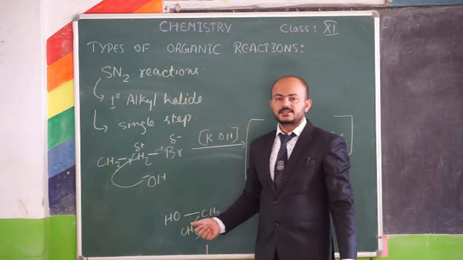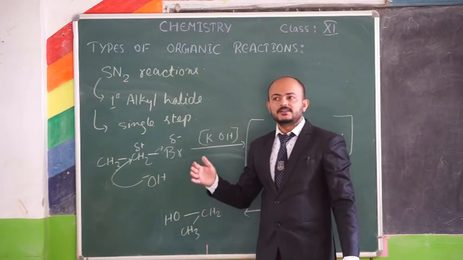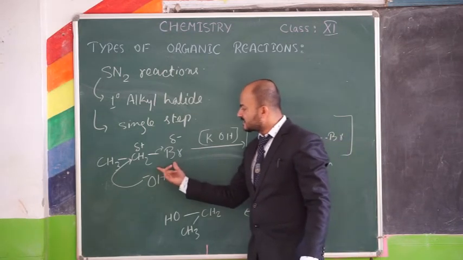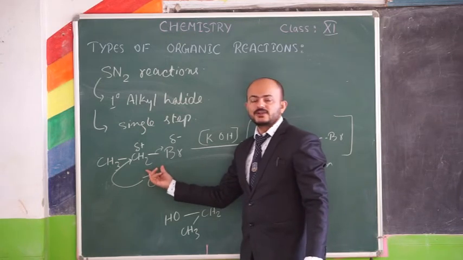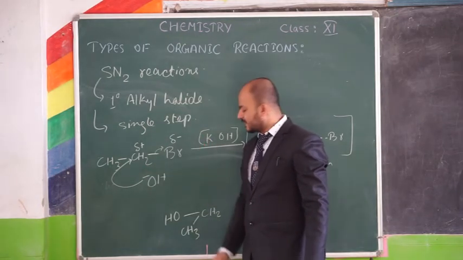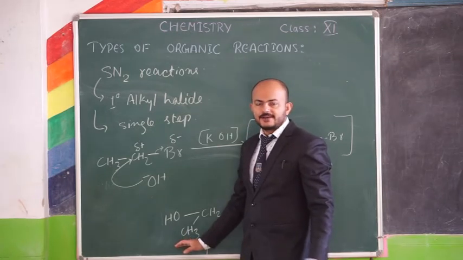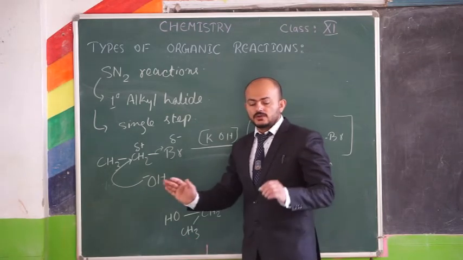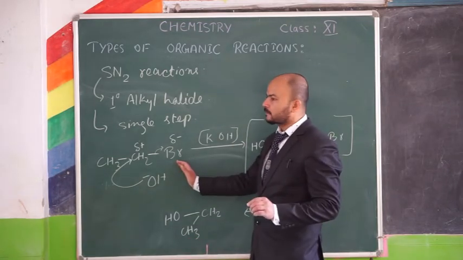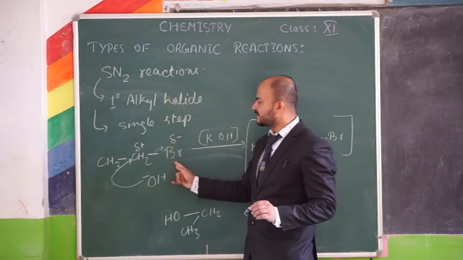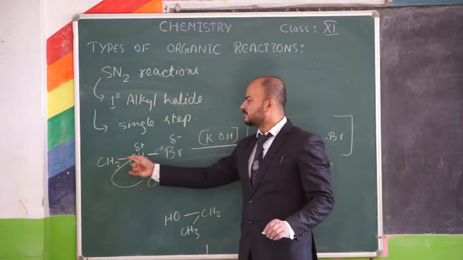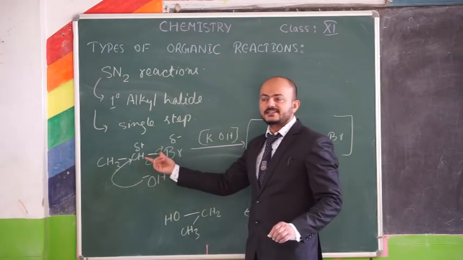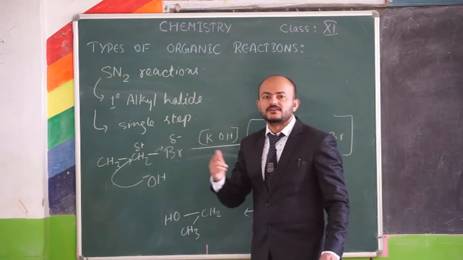Now such reactions are what? They are inversion reactions. So if your starting alkyl halide was dextrorotatory, then the product that you obtain after inversion is what? Laevorotatory. So you have to remember, in SN2 reactions, since the nucleophile is bonded at 180 degrees behind the Br, its optical rotation will vary.